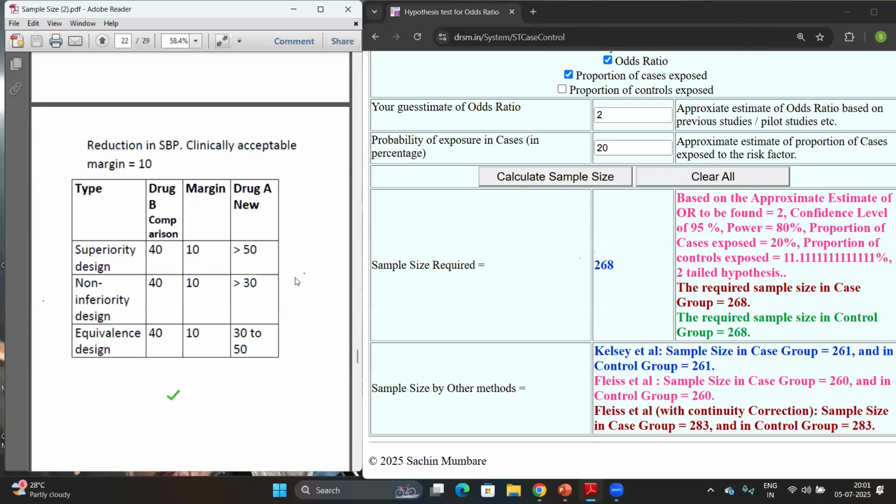So superiority design is adopted where you want to prove that one drug is superior in efficacy than other drug or the existing drug.